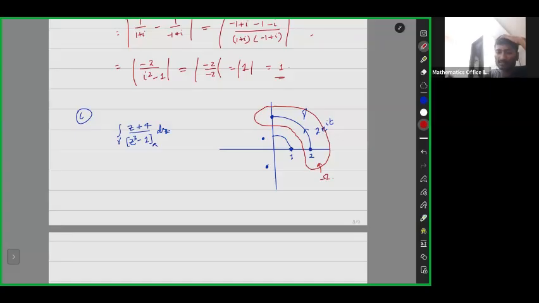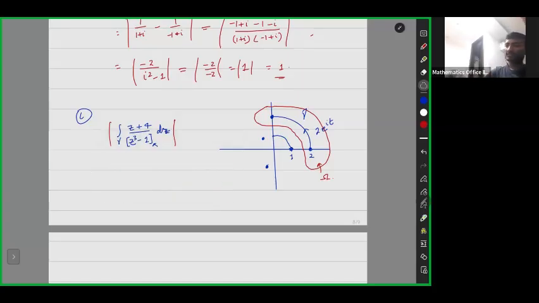But okay, one more thing. We want to calculate the modulus of this integral. We could break it into two integrals, z over z cube minus 1 and 4 over z cube minus 1, but somehow we have to bound it by some number.